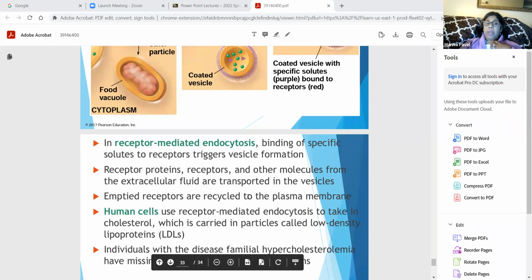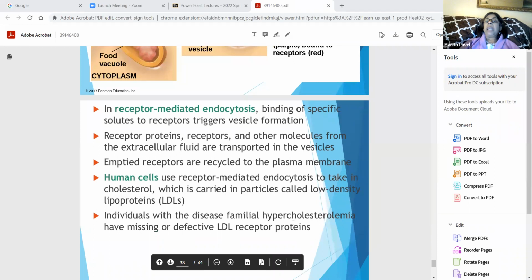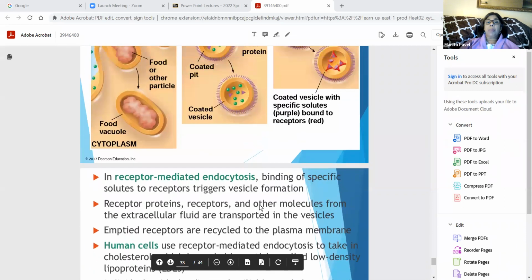Now, we humans use receptor-mediated endocytosis to take in cholesterol, which is carried in particles called low-density lipoproteins, the LDLs. And individuals with the disease familial hypercholesterolemia have missing or defective LDL receptor proteins. That's how they suffer from the disease.